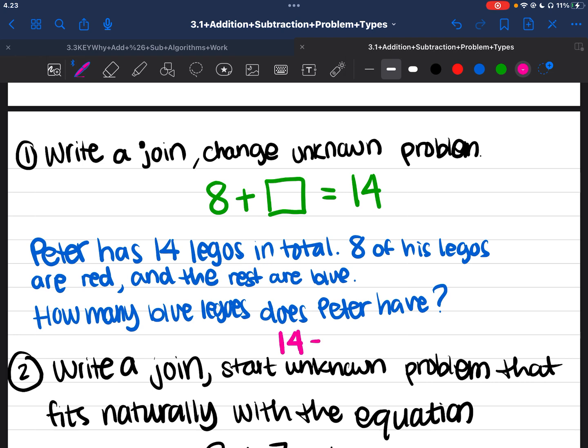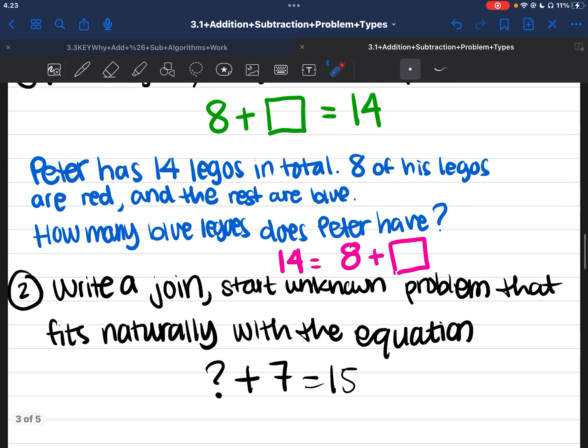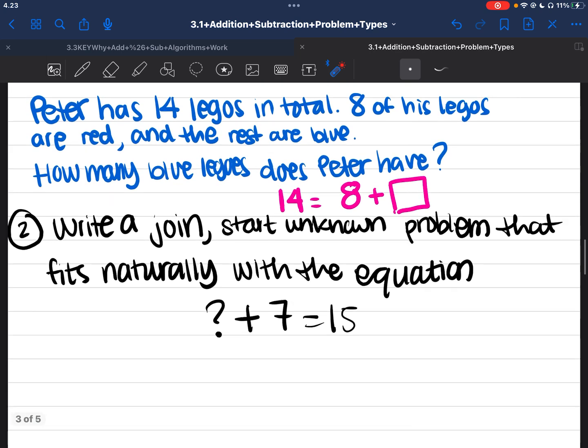So I know 8 of them are red, and the rest, when they say the rest, so I know I'm adding to something, are blue, right? So that's why it's a join because it's an addition, and change unknown because I don't know what I'm adding 8 to get to 14. Okay, hopefully that clears things up for y'all.